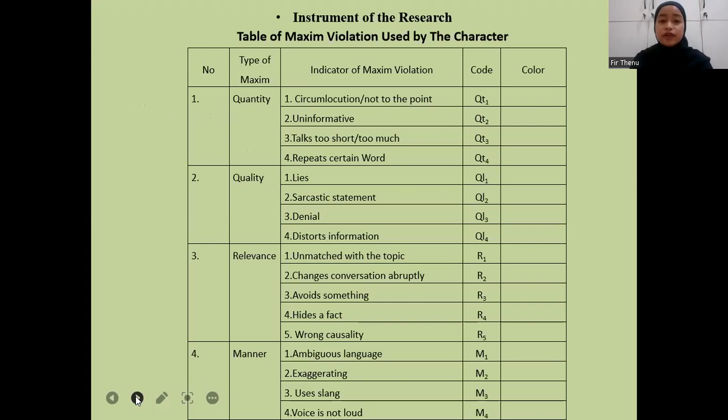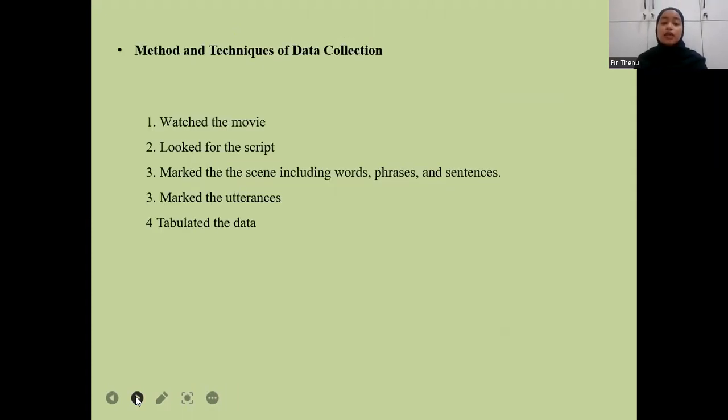For the instrument of the research, the researcher used a table of violation maxims used by characters in each category, with the guideline from Herawati, Tupan and Natalia 2008 coded as in the following table. For the method and techniques of data collection, the researcher first watched the movie, then looked for the script, marked the scenes including words, phrases, and sentences, marked the utterances, and lastly tabulated the data.